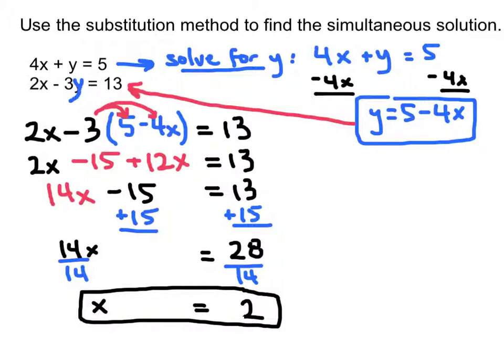So I will plug in x equals 2 to this y equation. So instead of x, we will write multiplied by 2. And from there, we'll compute. So y equals 5 minus 8.